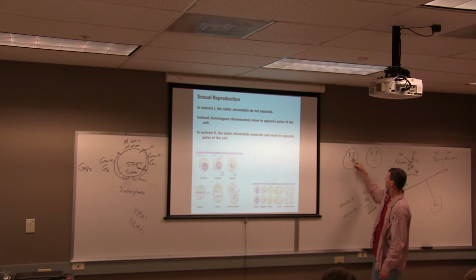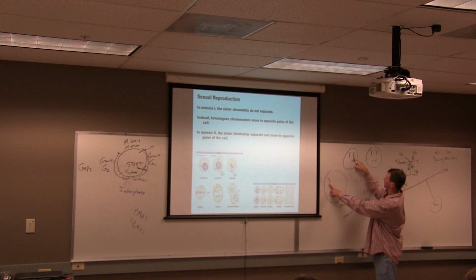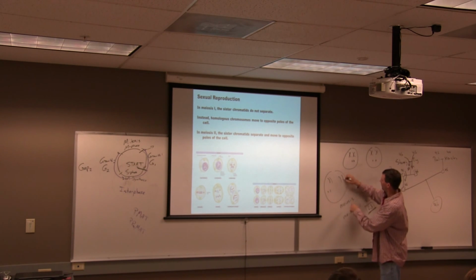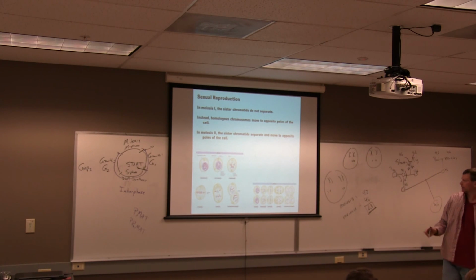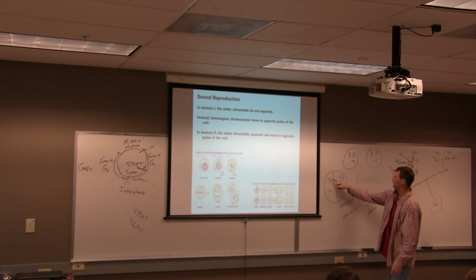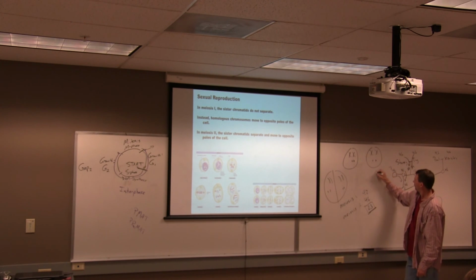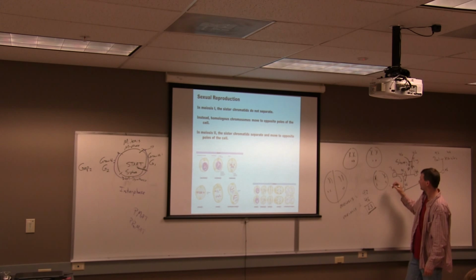In mitosis, these things split apart such that this guy goes here, and this guy goes here, and this little one goes here, and this little one goes here, so that we wind up like this. The kinetochore is broken, and so we wind up with the same number of chromosomes here. In meiosis, this guy goes over here, and this guy goes over here, and the kinetochore remains intact.